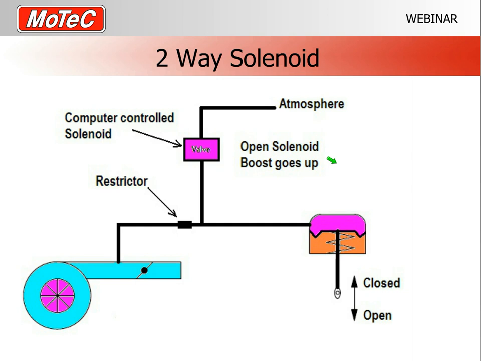Then we went to the electronic side, where we had a computer controlling a solenoid, and we could have the computer pulse the solenoid on and off to vary the amount of air being bled away from the system. If you wanted to move a lot of air away, you required a restrictor in the line so that you could get enough air out of the system to lift the boost high enough to reach the levels that you wanted.